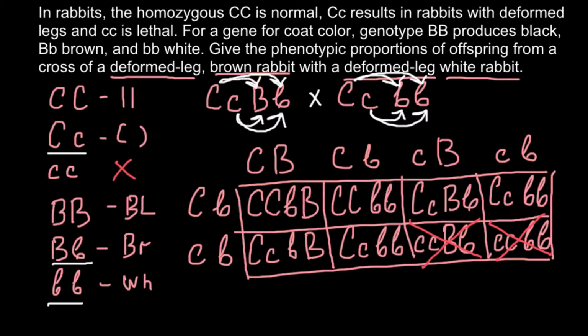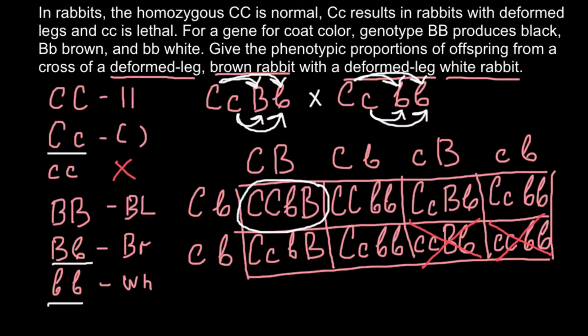For example, homozygous dominant for the gene C means normal legs, and heterozygous for the gene B means brown color. So let's check if we have such phenotypes here. And as you see, here we have normal legs, but the color would be white. As you see, homozygous for the gene B means white color.